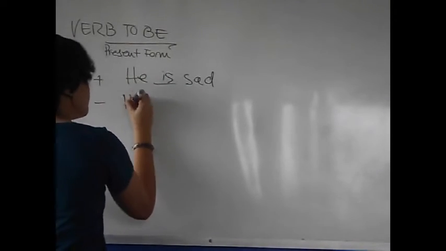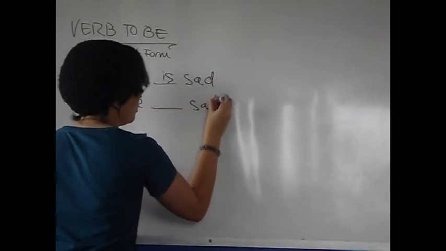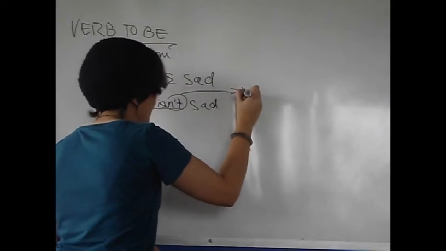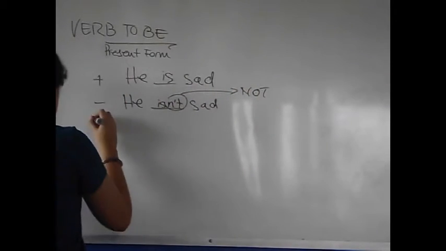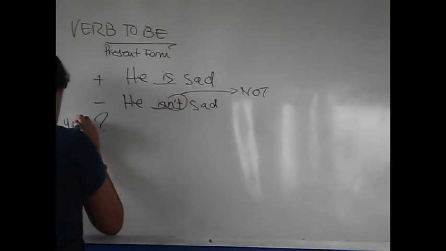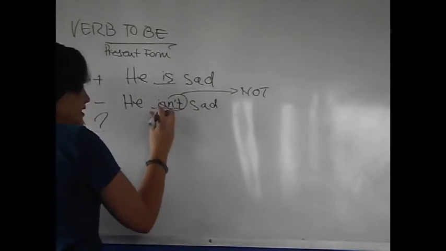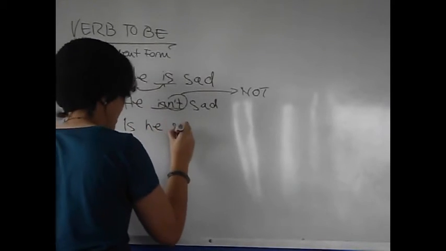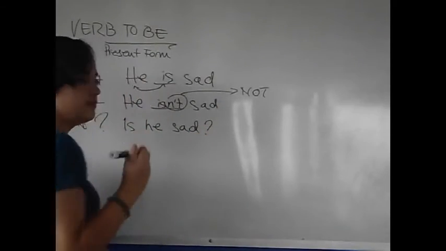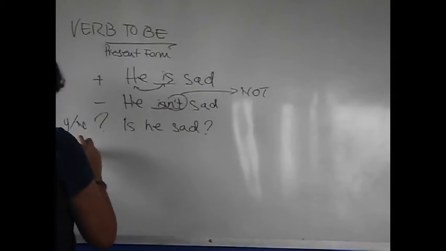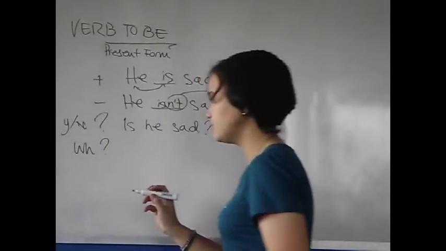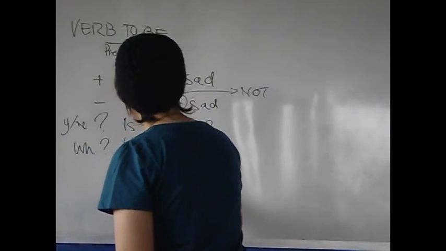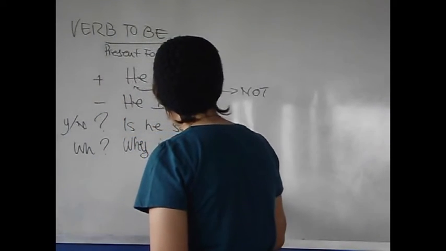We could say the negative form of it, which is basically the contraction. Remember that this is a not. Then we have the question as a yes or no. Basically, we just change this. Is he sad? The question mark. And finally, WH questions. Why is he sad?